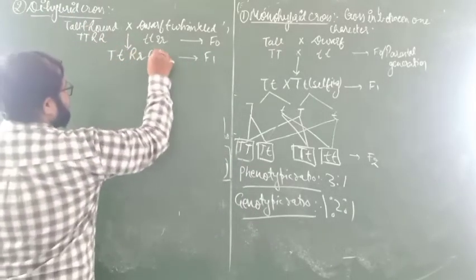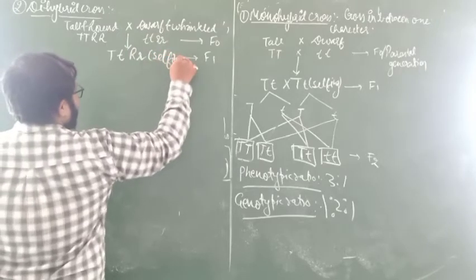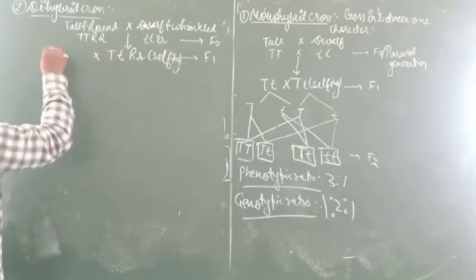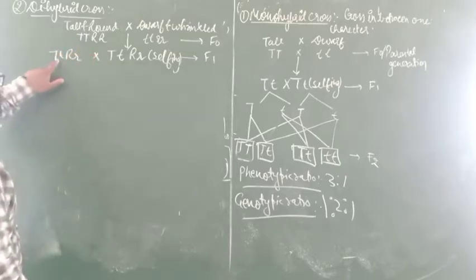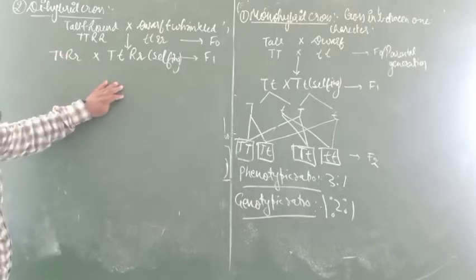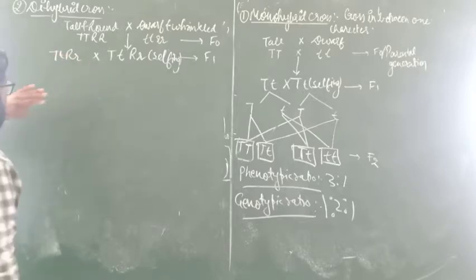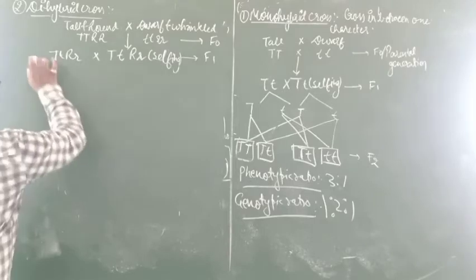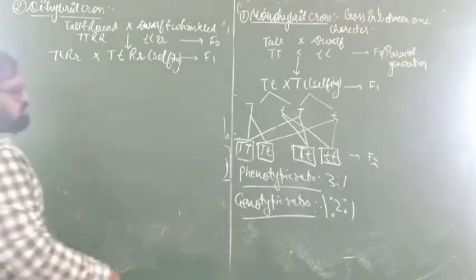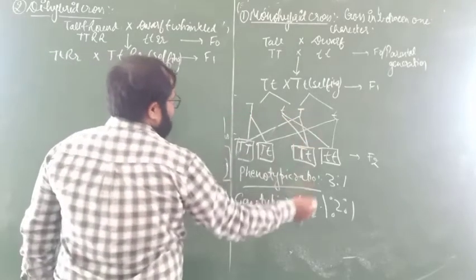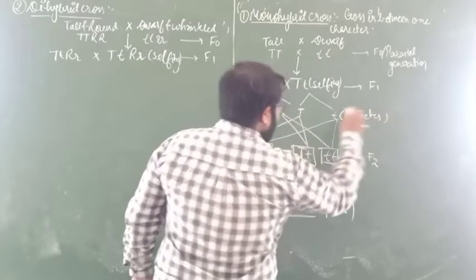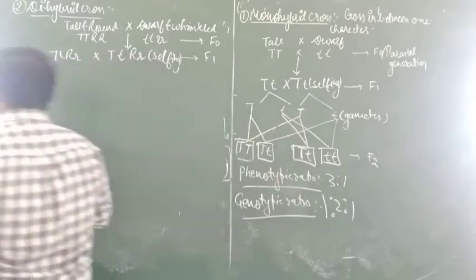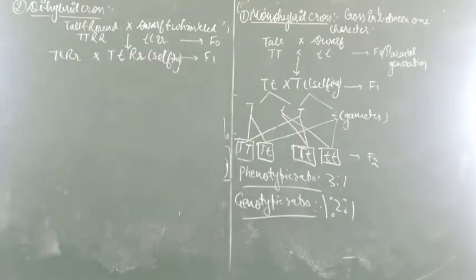Four are there, so selfing. Selfing means crossing, because four are obtained. In those four, only two will be taken and we will cross them. First we need to know the gametes. These halves are called gametes. Here it is very simple, we easily obtain the gametes by taking the half, but here it is a little bit difficult.